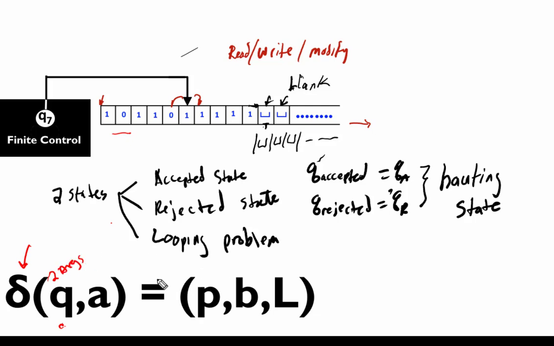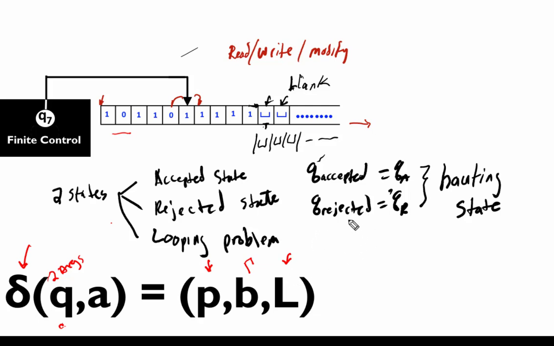This is the state that the head moved into, so from Q7 to P in this case. Then this is the gamma symbol that will be written on the tape, and this is the direction where the tape head moved. So in this case, it moved to the left.